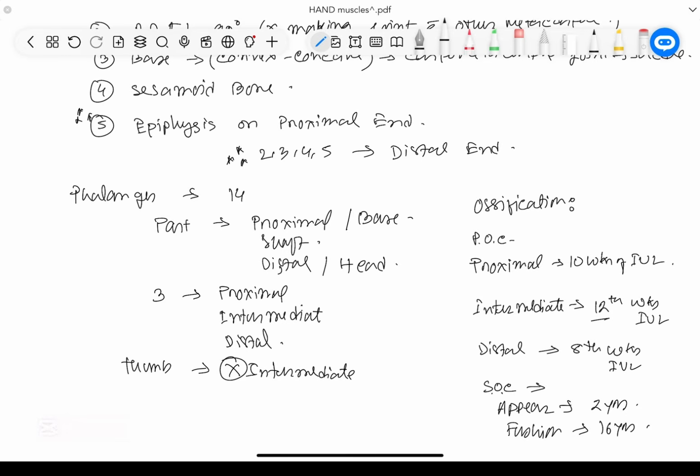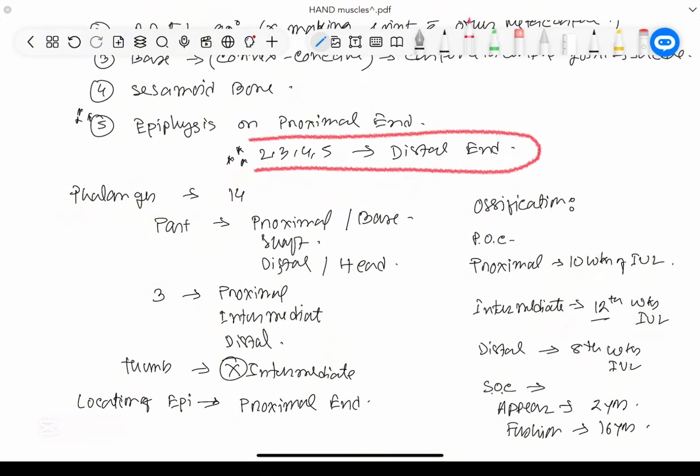Just remember the epiphysis is also located at the proximal end, like the first metacarpal. The exception is only the second, third, fourth and fifth metacarpals, where the ossification center is located at the distal end. You have to remember this point for MCQ.